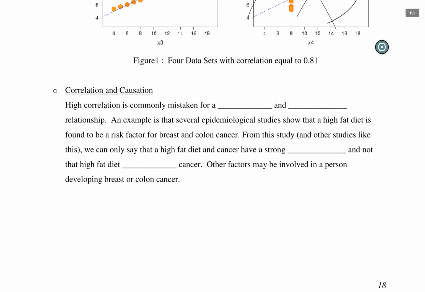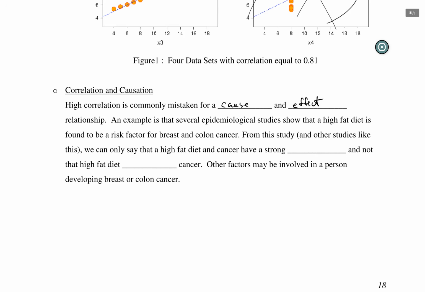Another thing with the correlation coefficient that I want you to be aware of is that a high correlation is commonly mistaken for a cause and effect relationship. Okay. And that's the warning here. That's a common mistake. An example here is that several epidemiological studies show that a high-fat diet is found to be a risk factor for breast and colon cancer.